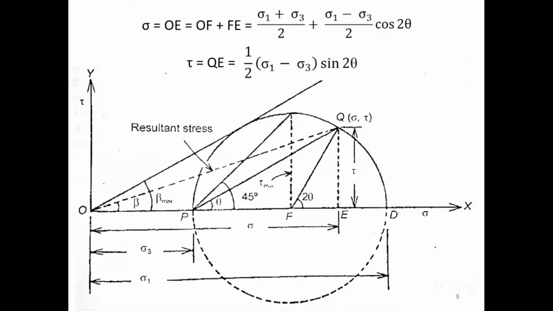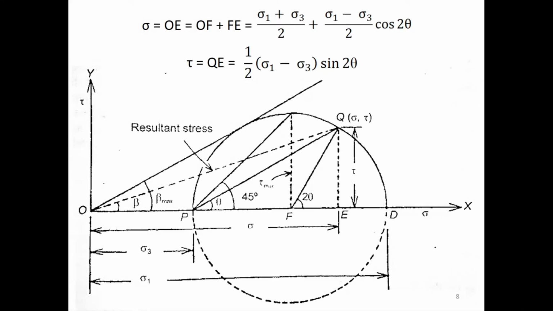Wedge ABC, angle BAC was theta. I represent that angle here.